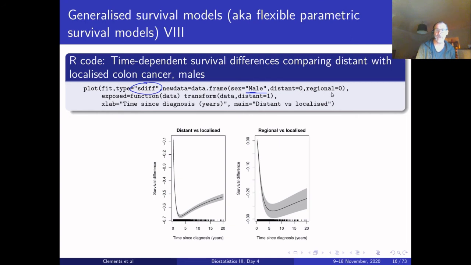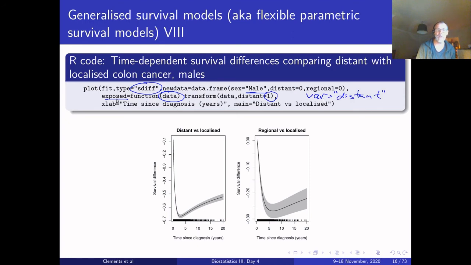We start off with localized as the reference, and then instead of using var equals distant, we can do something much more explicit and say exposed, which is a function taking some data, and then we transform the data where we change distant to be equal to 1. This could also have been done more shortly with var equals distant.